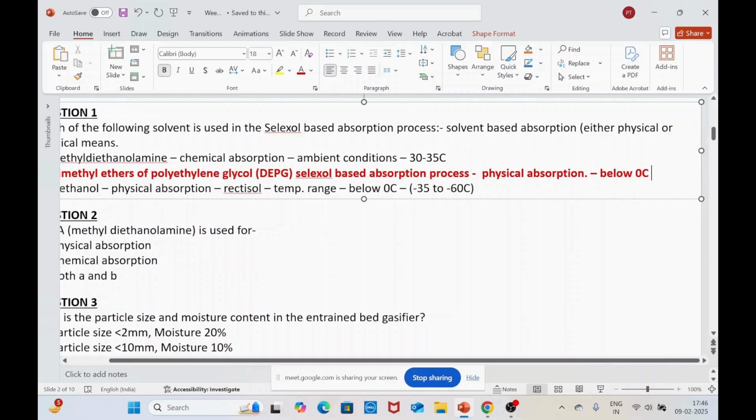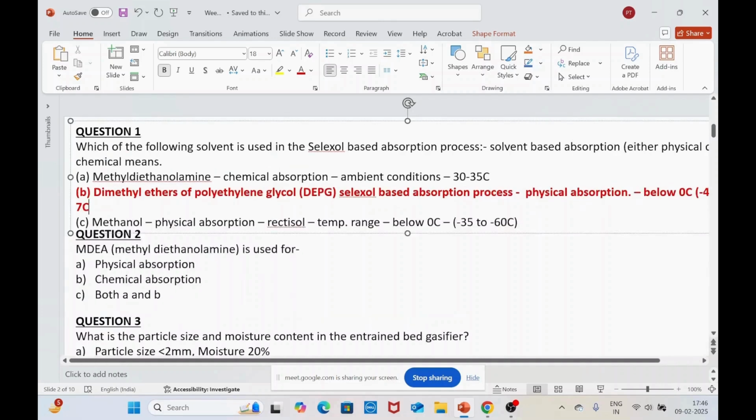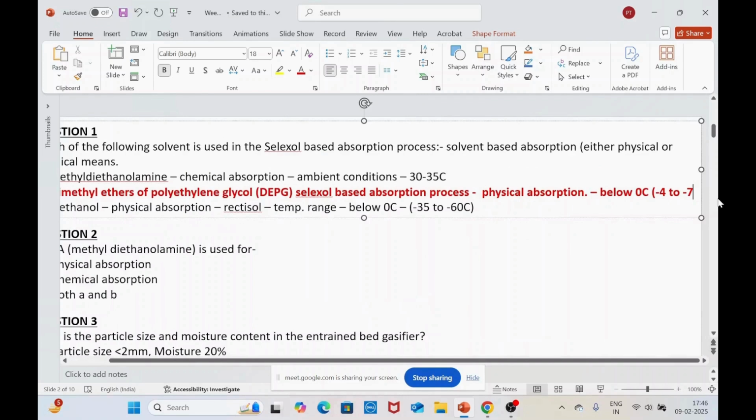Whereas the dimethyl ethers of polyethylene glycol, or the Selexol based absorption process, usually happens at a temperature very close to 0 degrees Celsius, but again below. So minus 4 to minus 7 degrees Celsius.